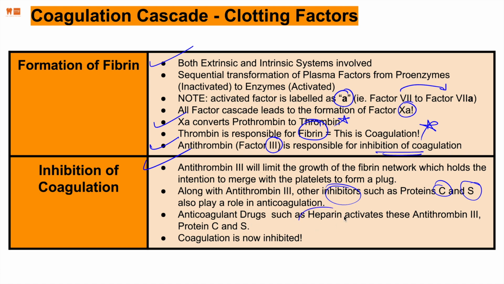Anticoagulant drugs such as heparin activate antithrombin 3, protein C, and protein S. As soon as that happens, there is an inhibition of coagulation. And now coagulation is inhibited. So stimulation, inhibition.